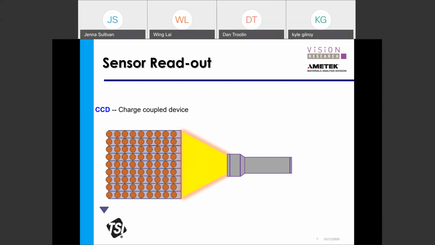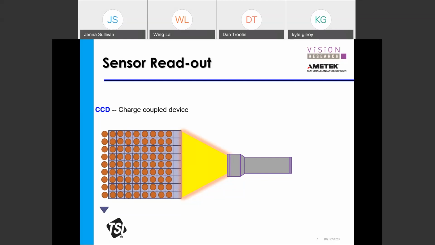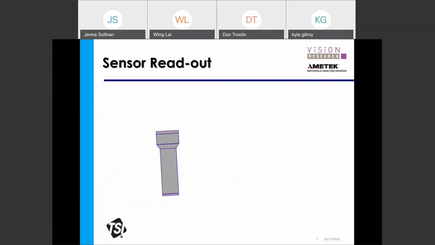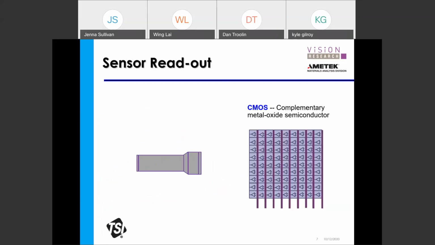And the way that data is read off is through something called a shift register. That data is shipped off the sensor and goes to separate hardware where you have analog to digital conversion and amplification and so forth. So the newer technology is your CMOS sensor, which stands for complementary metal oxide semiconductor sensor.